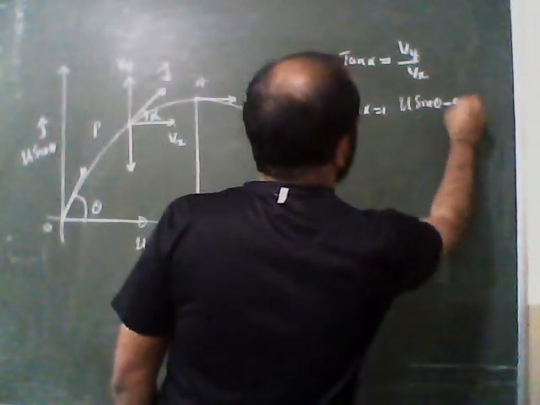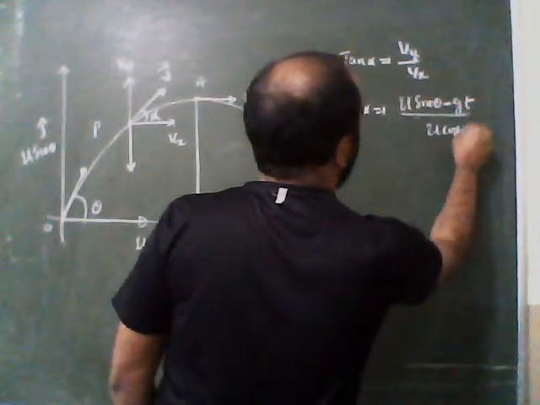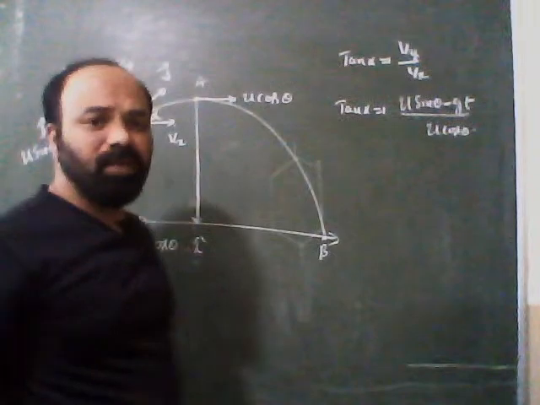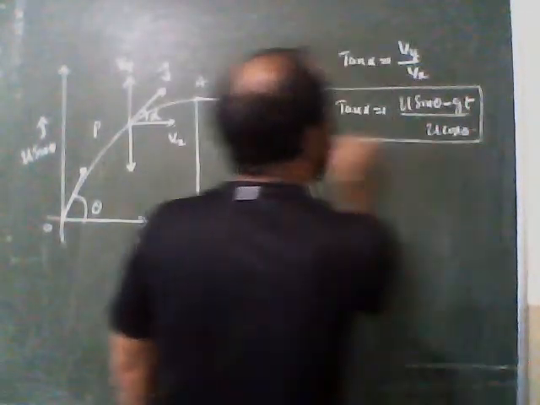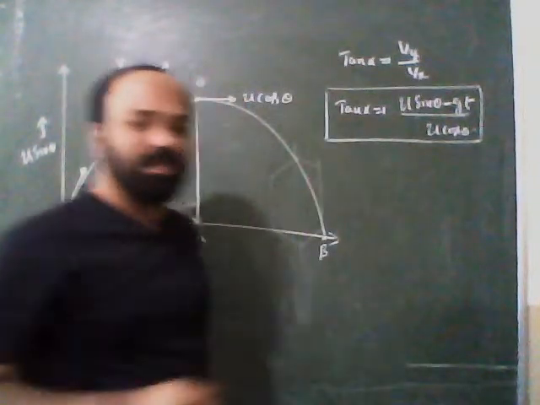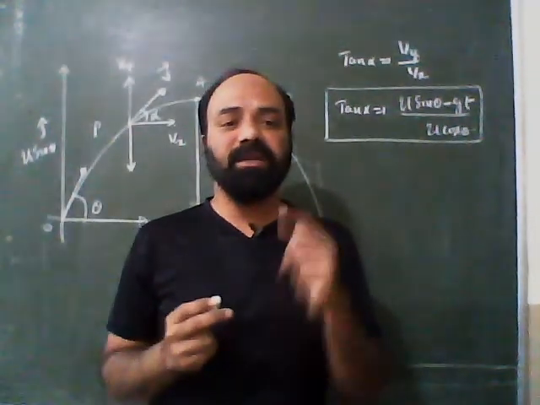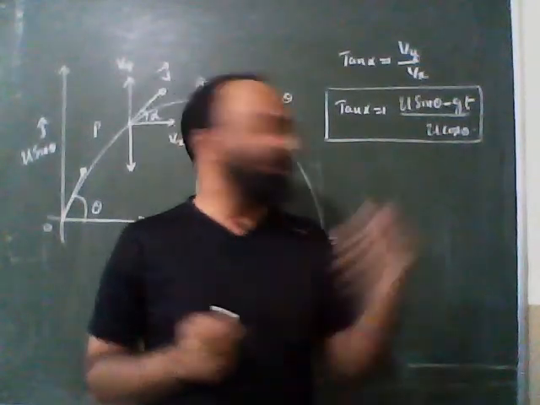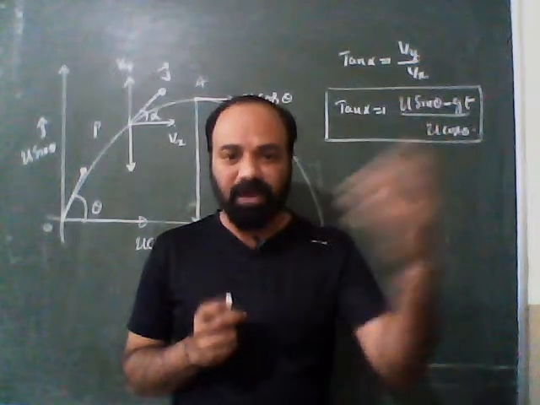We can write tan alpha equals Vy, which is u sin theta minus g t, by u cos theta. This is the formula to find the angle made by the projectile after t seconds. After t seconds means, if they ask 1 second, take t equals 1 second. If you take t equals 2, you will get the velocity of the projectile after 2 seconds.